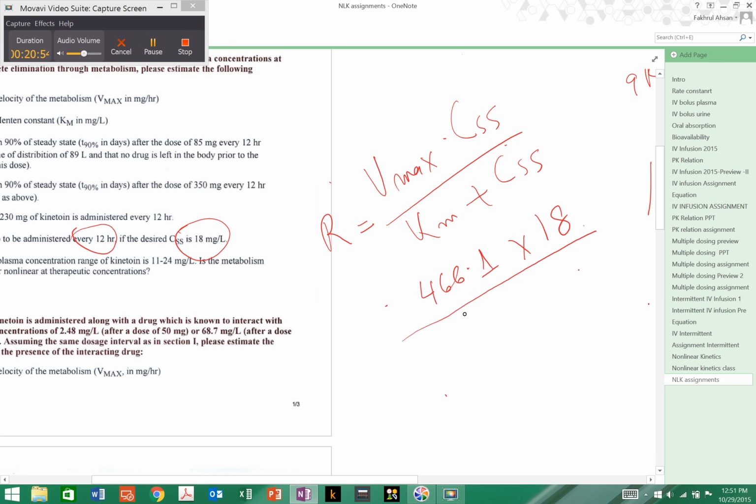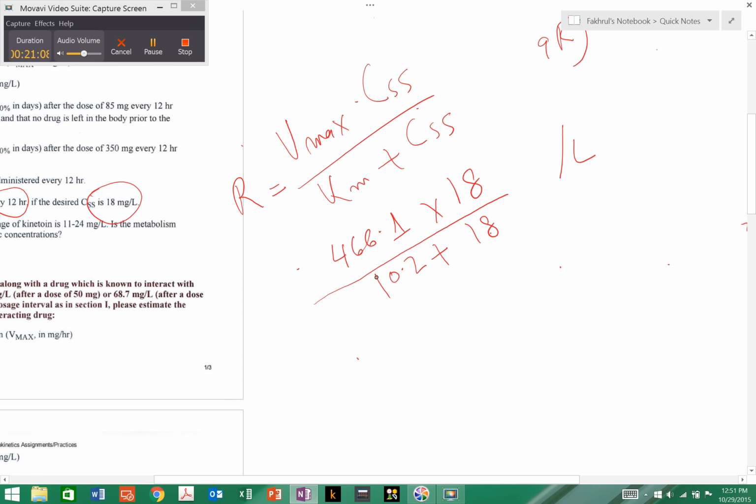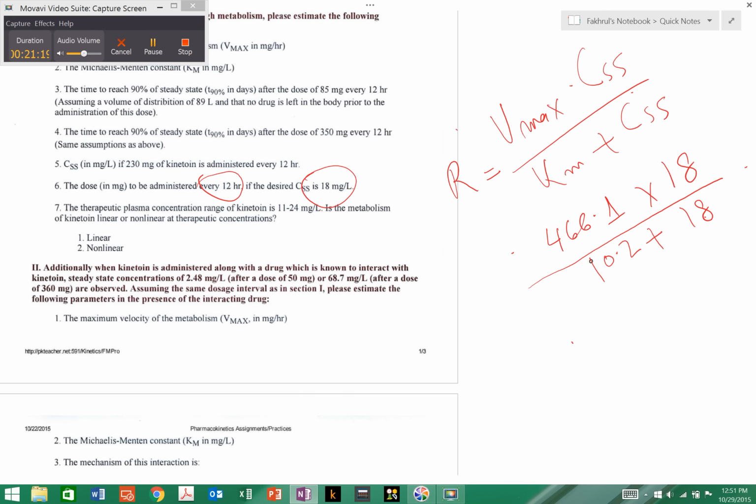And then Km we already know, 10.2 plus 18, and this should give you an answer of 297.5 milligram. So this would be your dose. You have to administer every 12 hours if you want to achieve a CSS of 18 milligram.